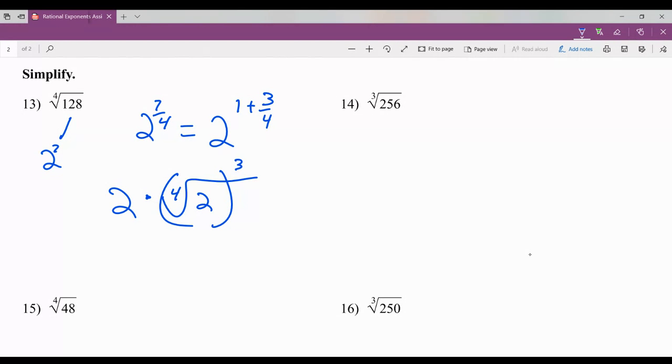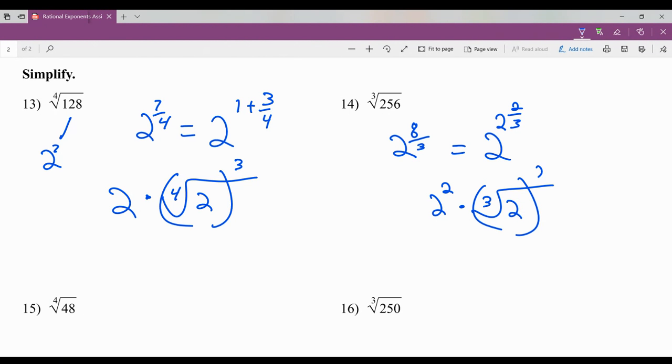256 is 2 to the 8th power and 3rd rooted. So that means this is 2 to the 2 2/3. So this is 2 squared times the 3rd root of 2 squared.